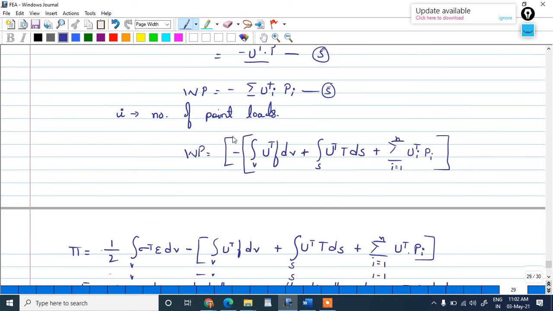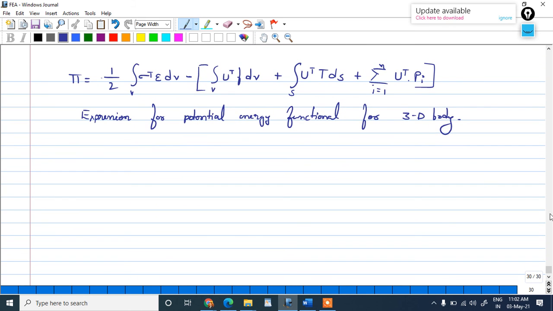Here we have one more important concept that we should understand, that is the principle of minimum potential energy. It states that, of all the displacement configurations a body can assume which satisfy compatibility condition and boundary conditions, the configuration which satisfies the equilibrium condition is the one which will have minimum potential energy.